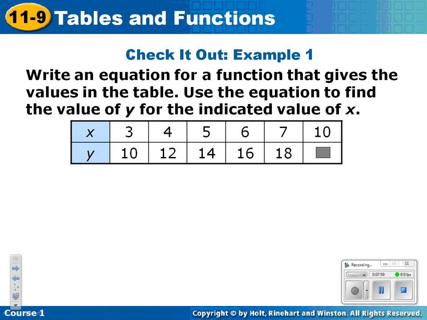Again, let's find the pattern so we can write an equation for this function. What is the pattern? What are we doing to x to get y? I'm going to give everyone a little bit of time here, see if they can recognize it.